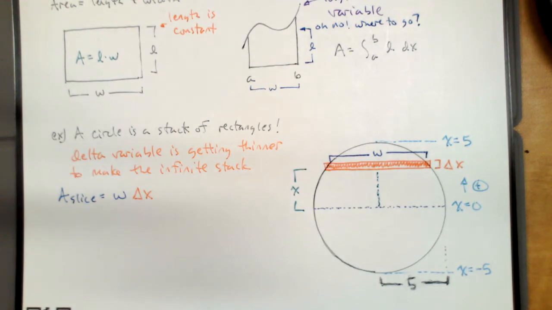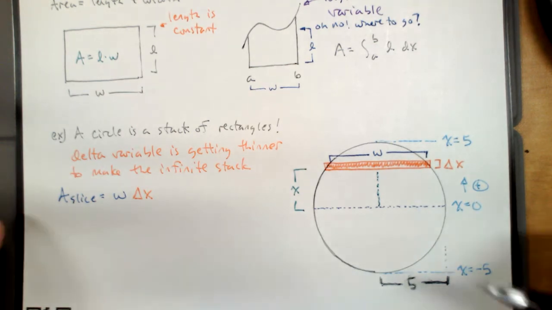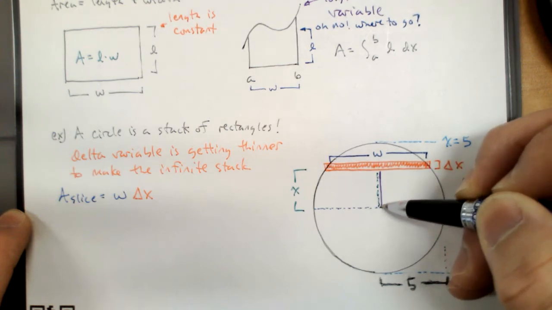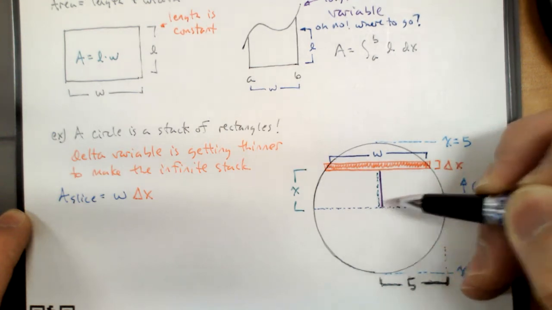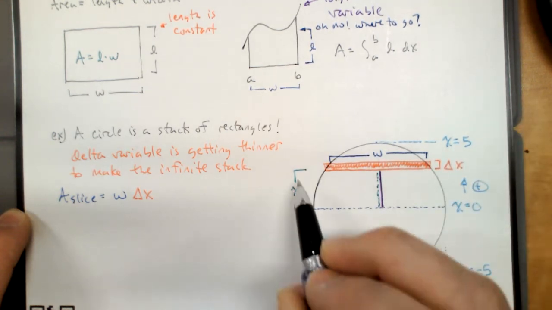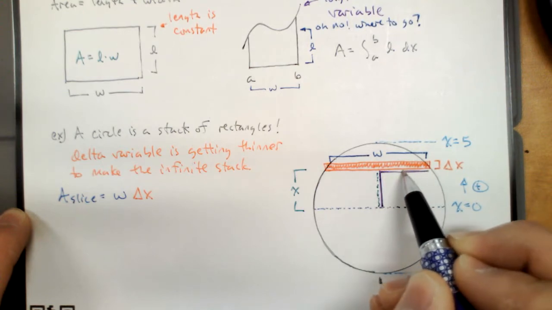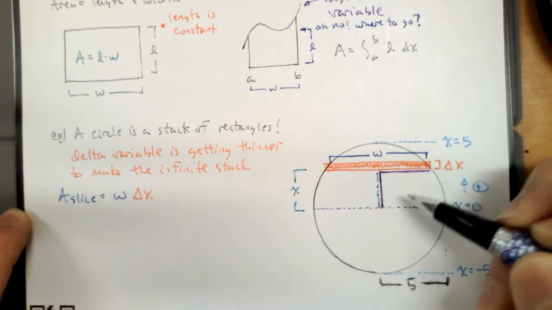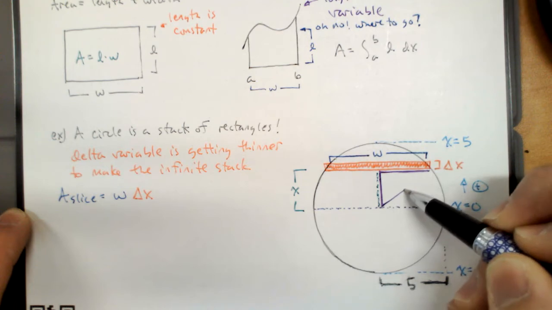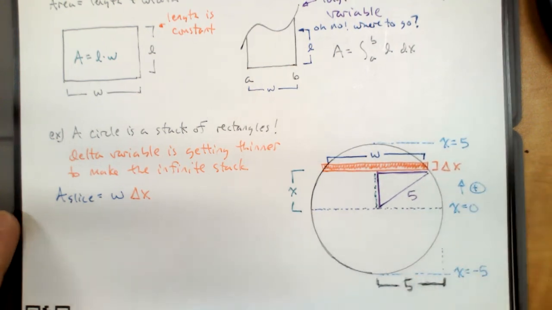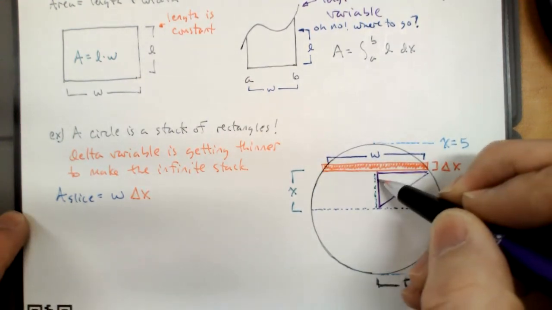So what we're going to grab for this particular problem is a right triangle where one leg of the right triangle is X. The other leg is going to be, well, half of W, and the hypotenuse is 5. That's the big deal. That hypotenuse in this right triangle is always 5.